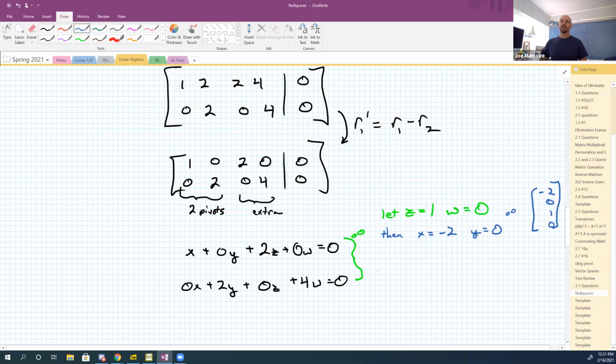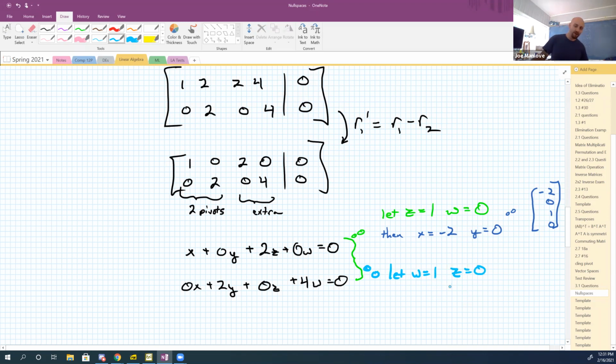Now, that was only one set of choices. What's the opposite set of choices? For those free variables, I let z be 1 and w be 0, right? Let's reverse that. Let's let w be 1 and z be 0.